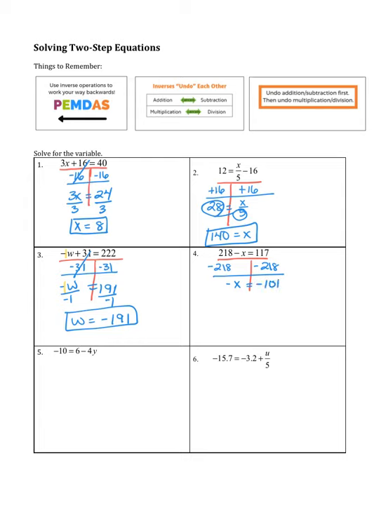Negative 101, because my negative 218 is bigger than my positive 117. So the answer is negative. Again, I need a positive x, so I'm going to divide by -1. X equals positive 101. Did 2 steps. First we moved the 218 and then we divided by -1.